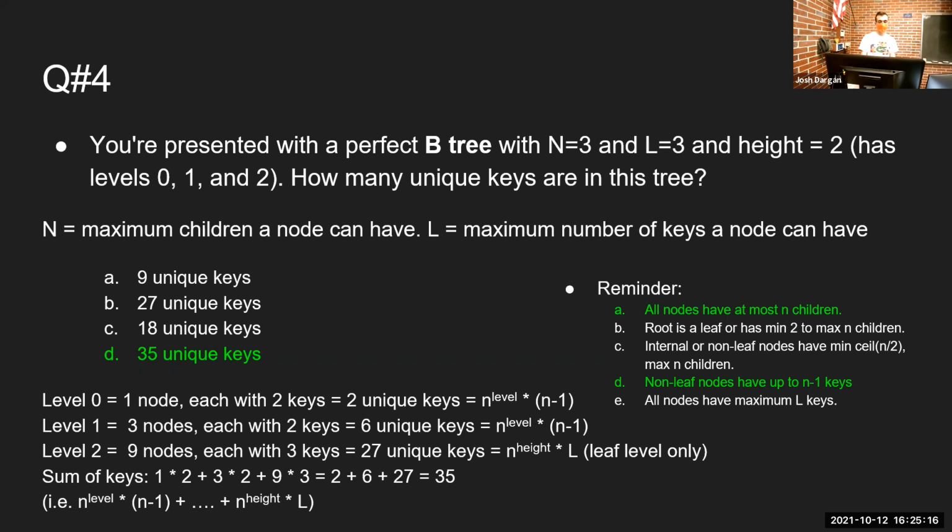And then we continue that pattern for level 1. And then when we get to the leaf level, which is level 2, we have n to the power of the height number of nodes times the value L, which is the maximum number of keys a leaf node can have.